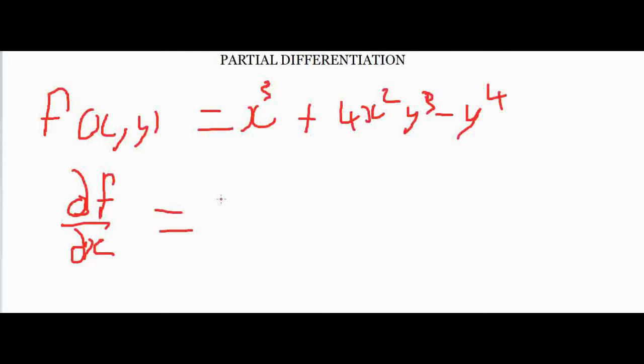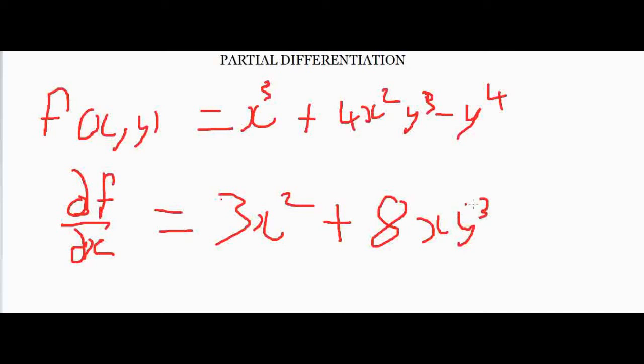So we'll end up here with 3x squared plus 8xy cubed. Of course, because we're keeping the y as a constant, we just treat the y as another coefficient of the x. Minus 0, because if we're keeping the y as a constant, the derivative of a constant is actually 0, and therefore that's what we would end up with here when we just have the y by itself.